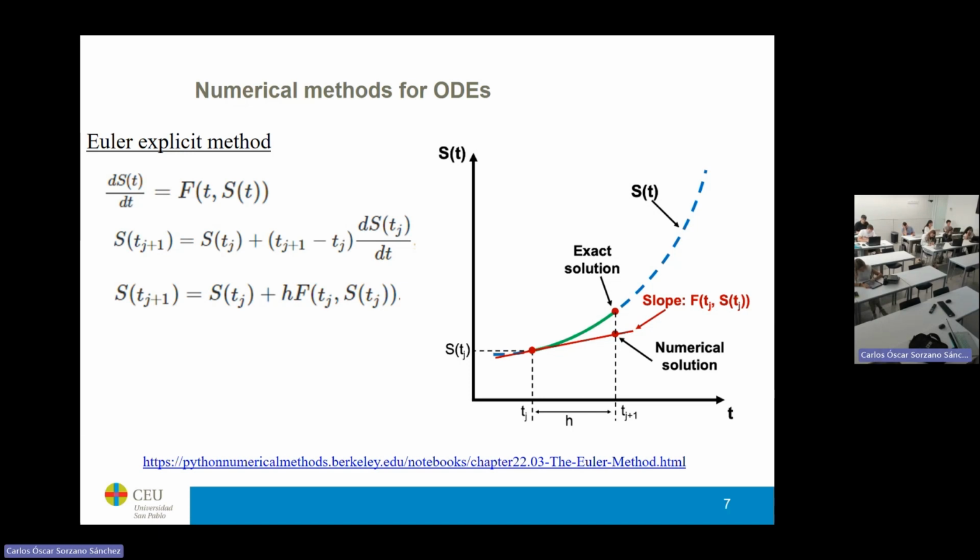And then plus another function from the inputs. And this is a vector, so this has to be a vector, and this has to be a vector. And this is a differential equation.